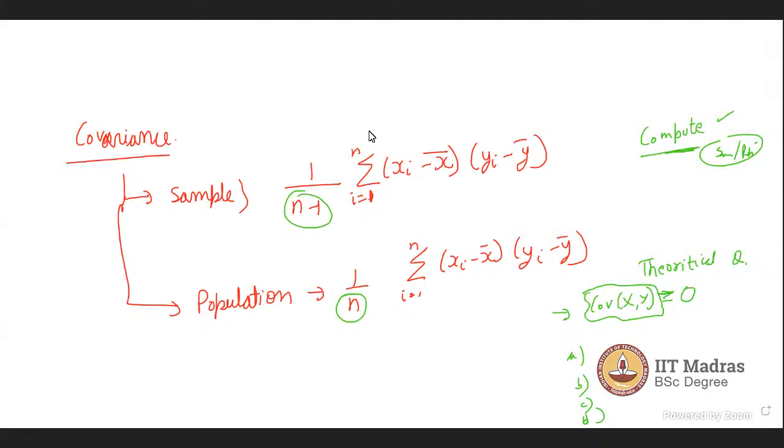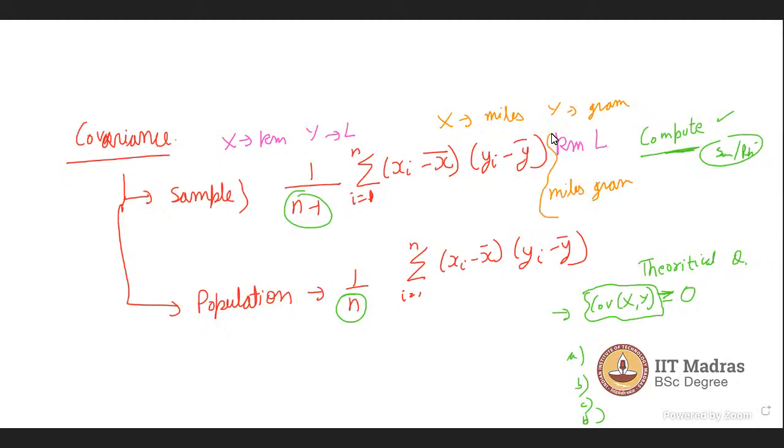The only problem with covariance is this: suppose x is measured in kilometers and y in liters. The unit of covariance will be kilometer-liter. Another one, say x is in miles and y is in grams, so its unit will be mile-gram.